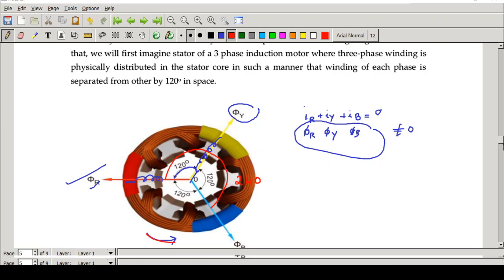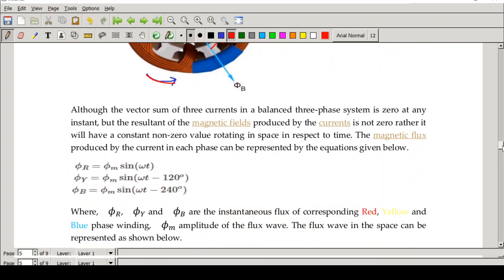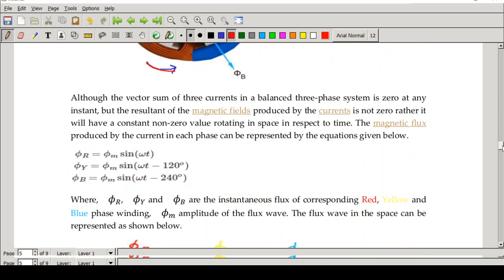Now let's try to express the flux using equations. As I told, the sum of the currents in a balanced three-phase system will be zero, but the resultant flux will not be zero. That is what is written here. Now let's express the equation for the flux in each phase.